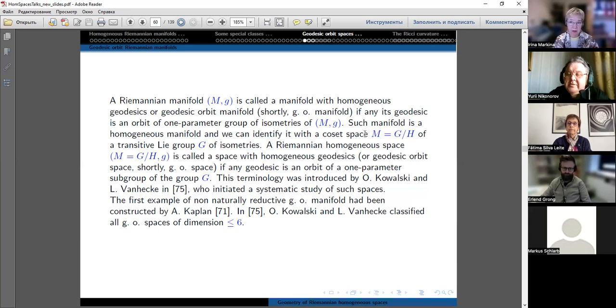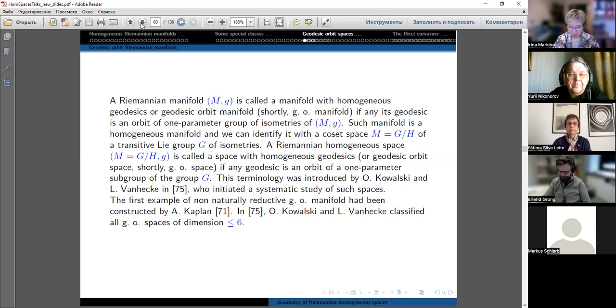We can realize the manifold as another homogeneous space with another isometry group. Hence, we have different realizations and therefore different problems to classify G-invariant geodesic orbit metrics, of course, since it is different groups.